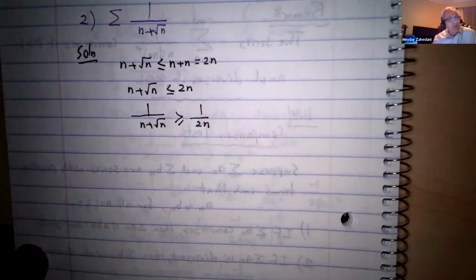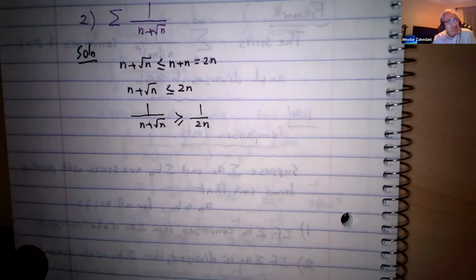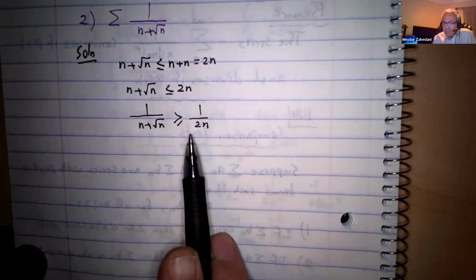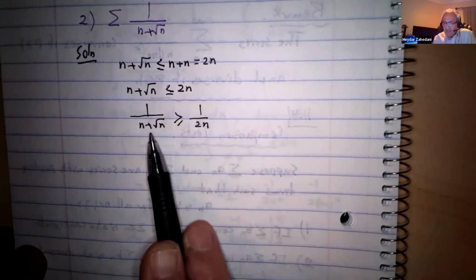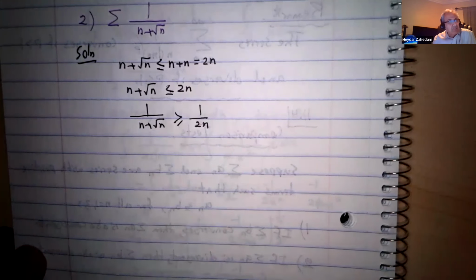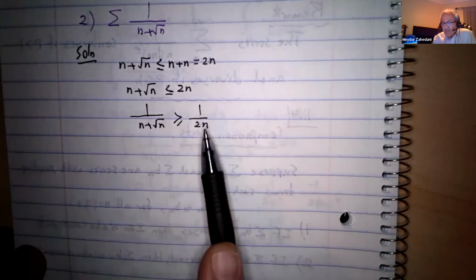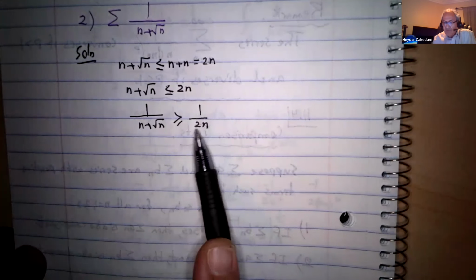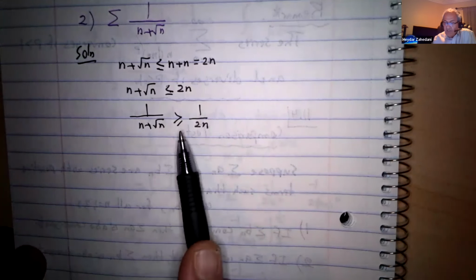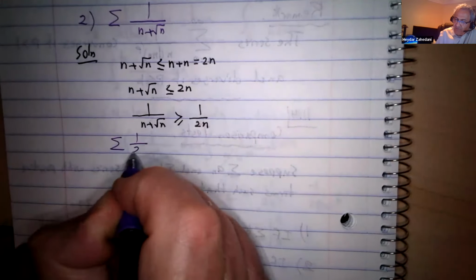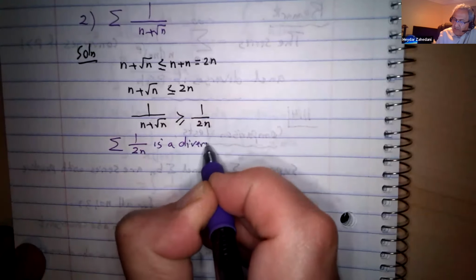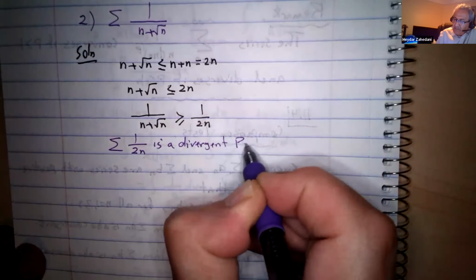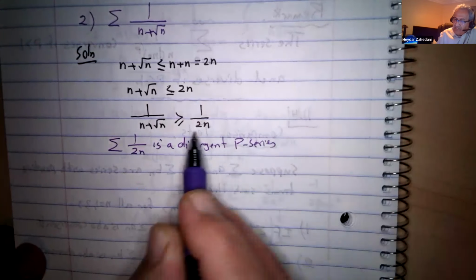But you know that sigma of 1 over 2n, like sigma of 1 over n, is divergent. So this means the smaller one would be infinity. If the smaller one is infinity, this is bigger than infinity. So this would be infinity too. Or this means if you cannot cover the small room, how are you going to cover the building? Okay, it's the other way around. So you explain that sigma of 1 over 2n is a divergent p-series. Divergent means this goes to infinity.